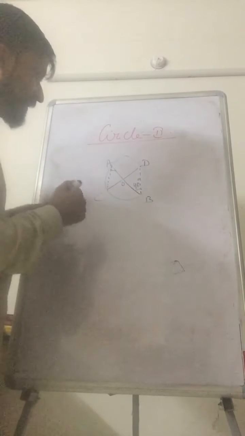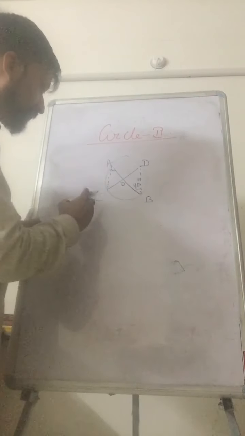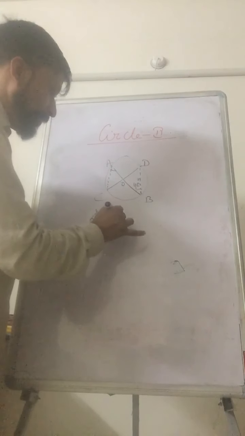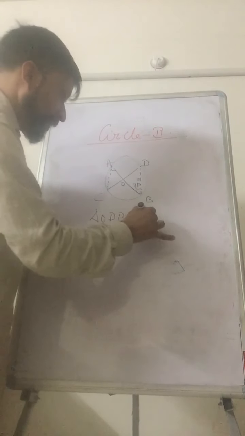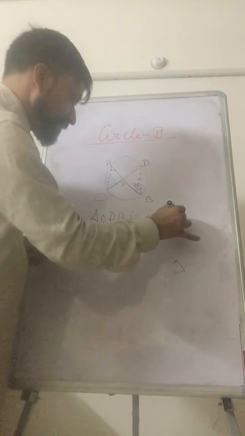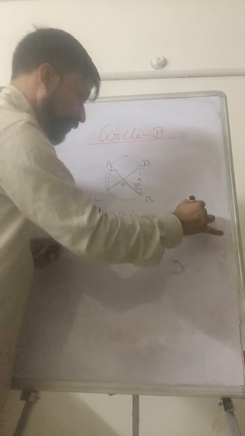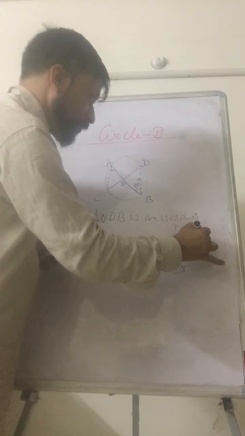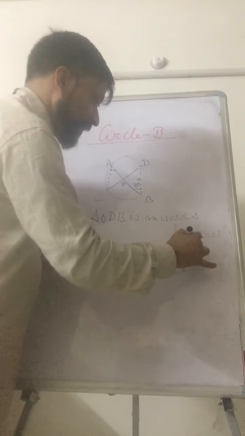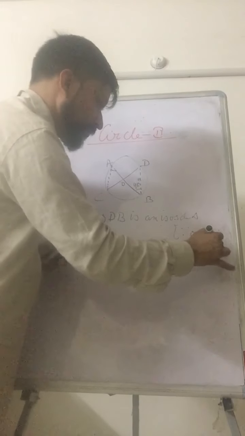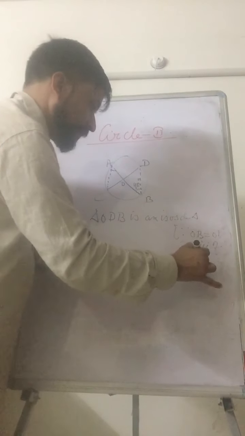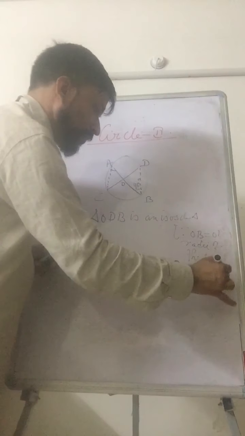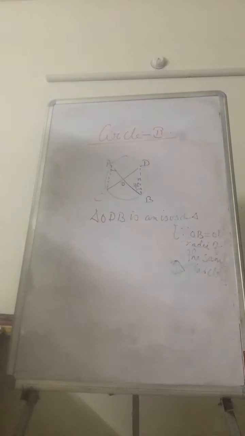So we can write: triangle ODB is an isosceles triangle, since OB equals OD, radii of the same circle.